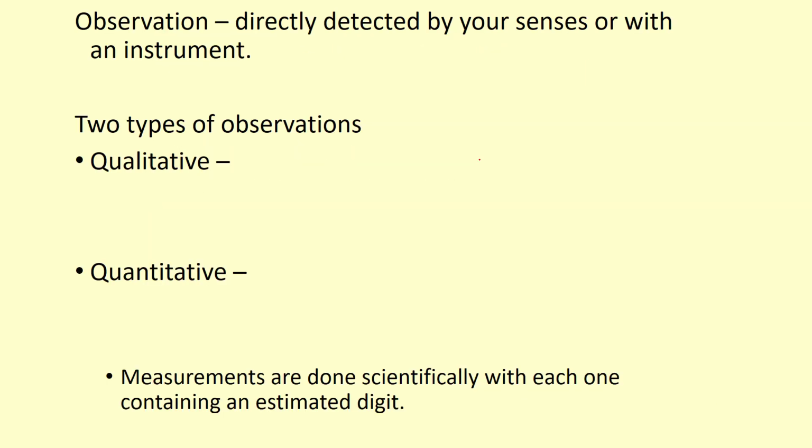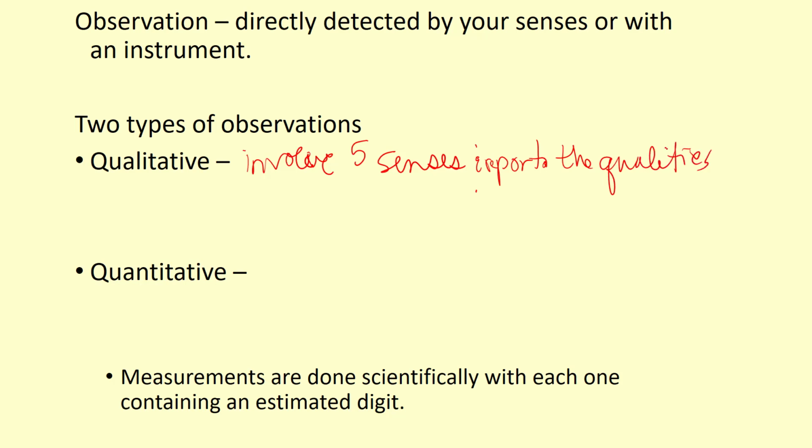Okay, observations are directly detected by your senses with or without an instrument. So there's two main types. Qualitative observations involve your five senses and report the qualities or characteristics.